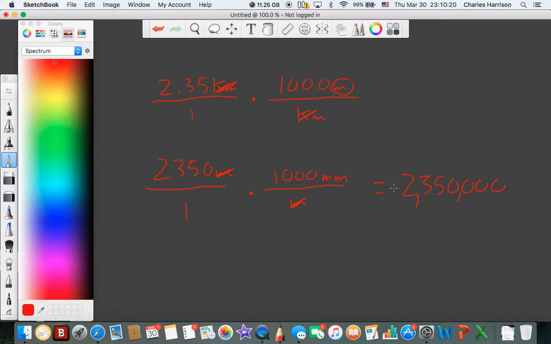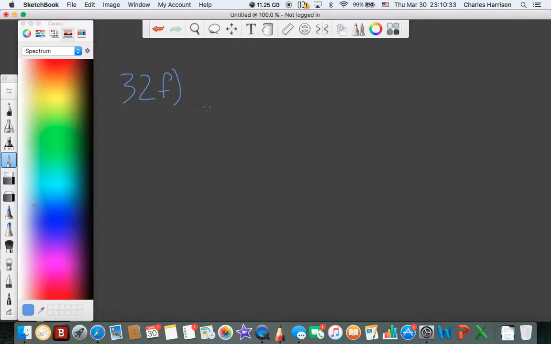All right, let's do F, 32F. Let's go back down to here, 32F. Here we go. We have 0.085 liters, and we want to change it to milliliters.